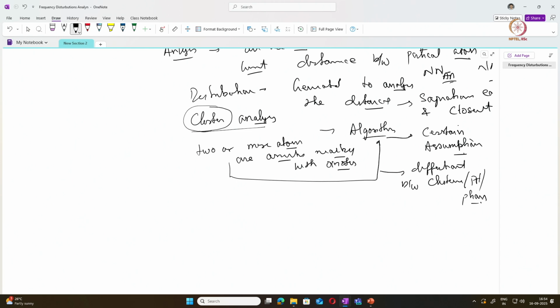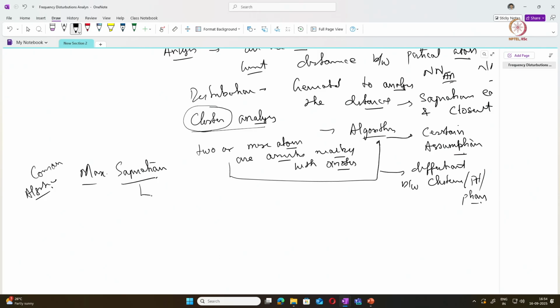So the most common algorithm which is used is the maximum separation distance. This is the most common assumption or algorithm used to identify the clusters in the data set. What is the maximum separation algorithm?